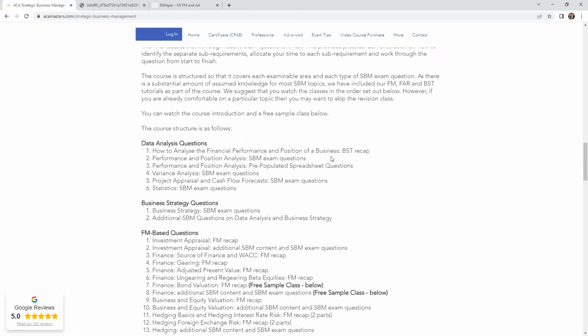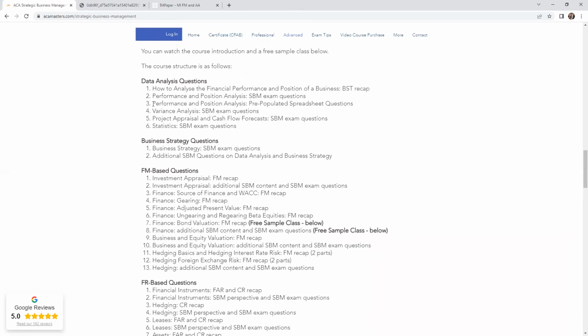So some of the BST ones will be like these SBM questions, where you've got the pre-populated spreadsheet questions on performance and position analysis, or on investment appraisal. Those will be like the FM ones. So they are a good source of practice, but there will be SBM ones available in the not too distant future.